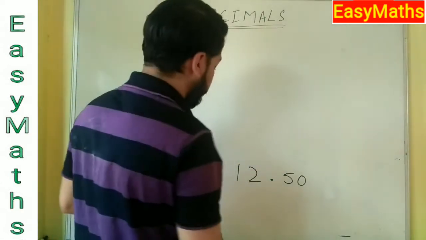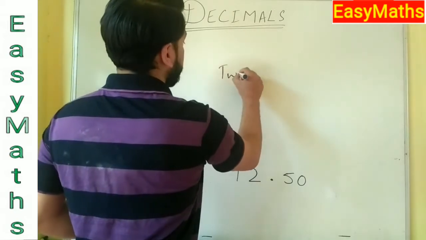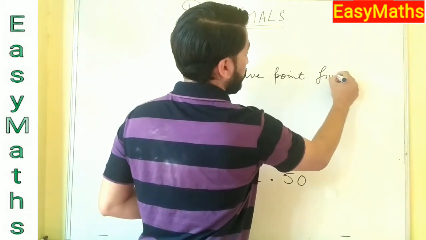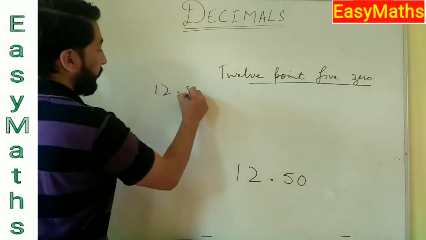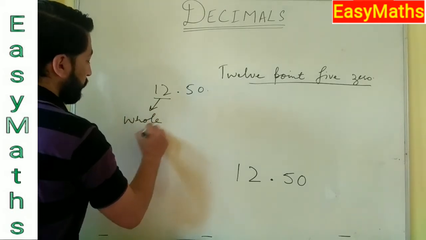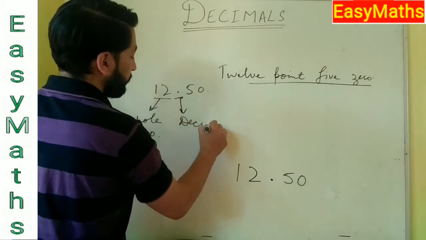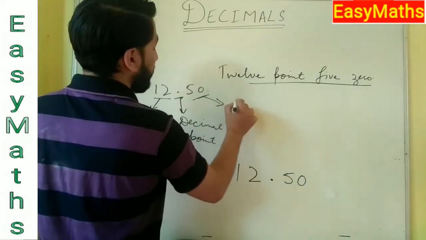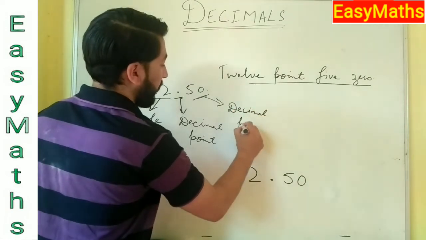Instead of reading it that way, we should read it as 12 point 5 0. This part is the whole number, this is the decimal point, and this number is the decimal part.